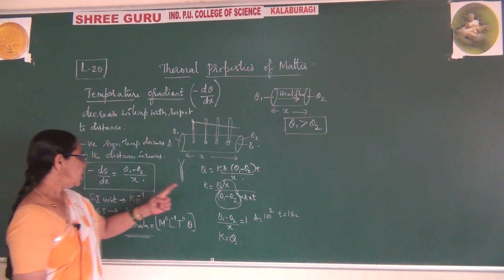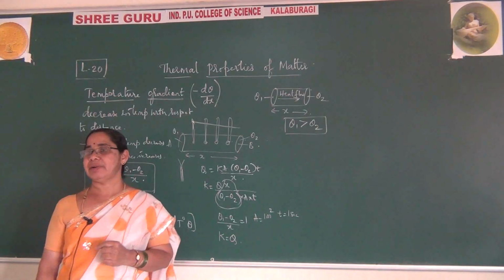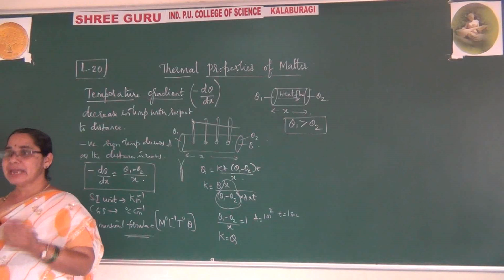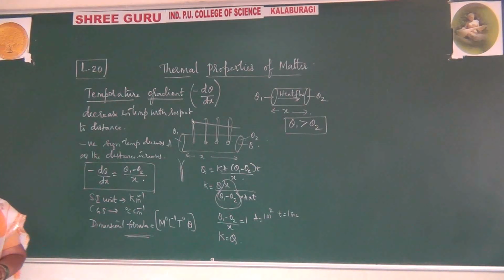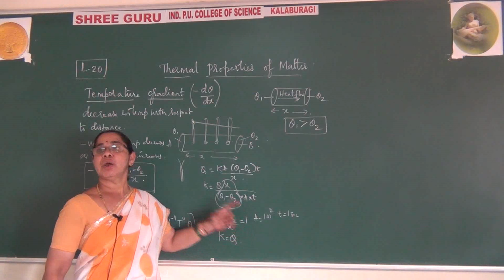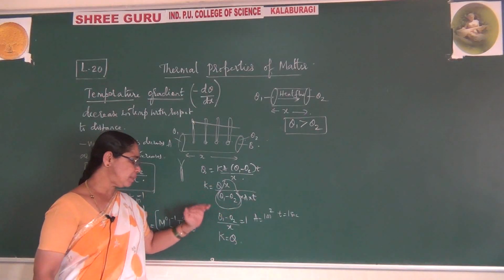This is called the coefficient of thermal conductivity. The coefficient of thermal conductivity can be defined as the quantity of heat that flows through a conductor in unit second per unit area of cross section when temperature gradient is kept at unity.